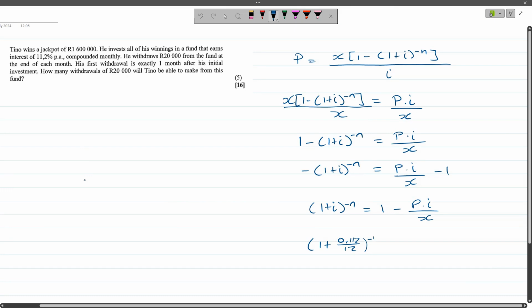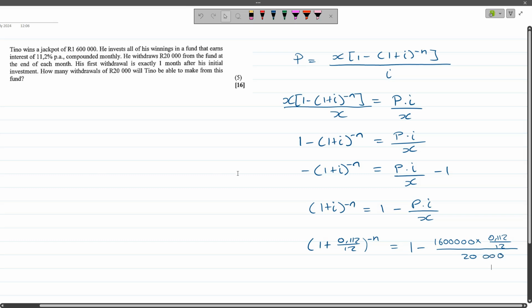Then we say this is raised to the power of minus n. This is equal to 1 minus, the principal amount is 1.6 million, so 1.6 with 2 more zeros, multiplied by 0.112 over 12, all over the monthly withdrawals, which would be 20,000.